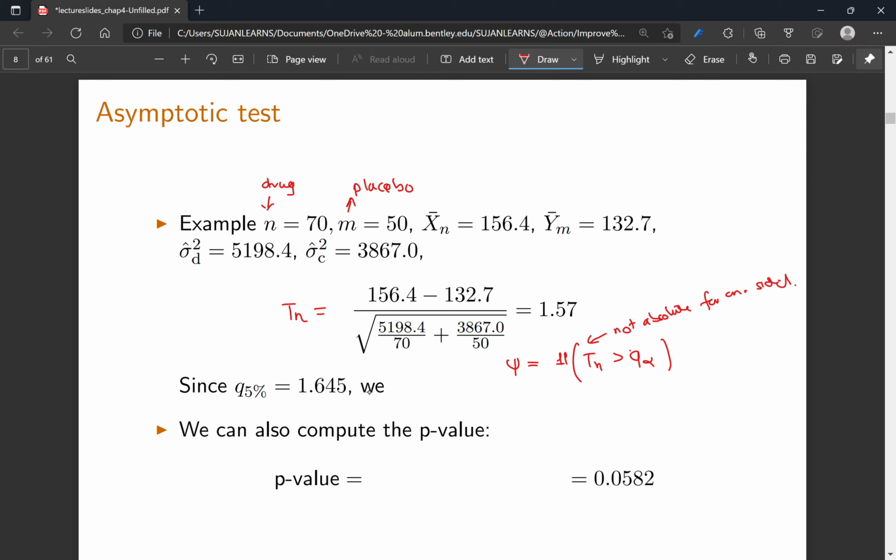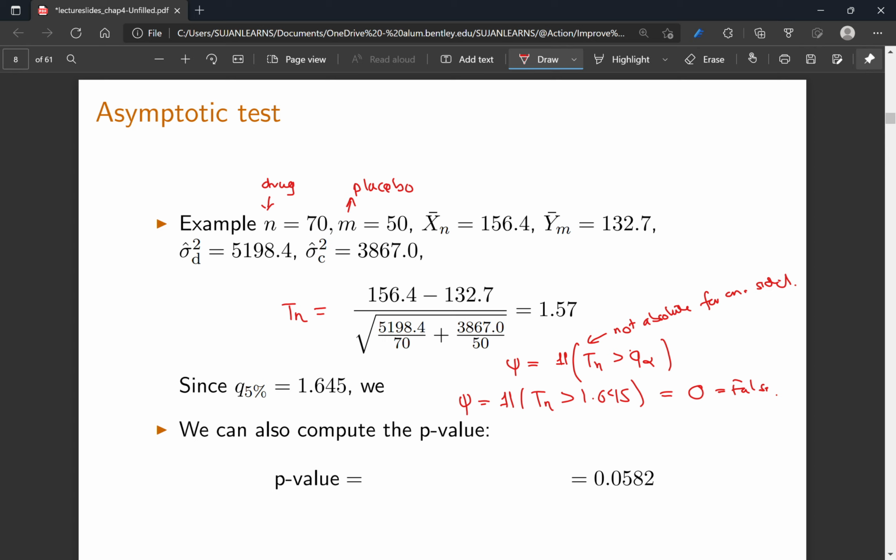Therefore, our test is whether Tn is greater than 1.645. Hence, this is false, 0. Therefore, we cannot reject the null hypothesis in this case. It seems that the drug is no better than the placebo.